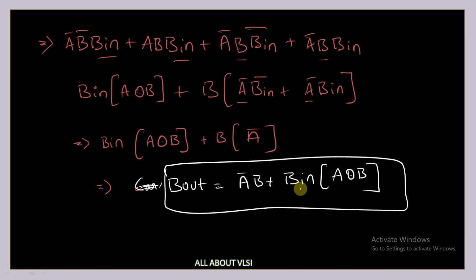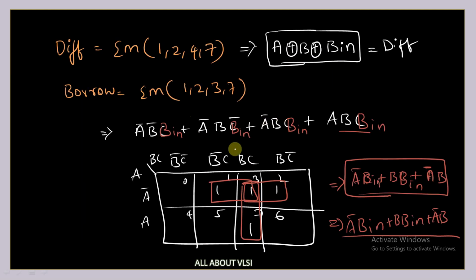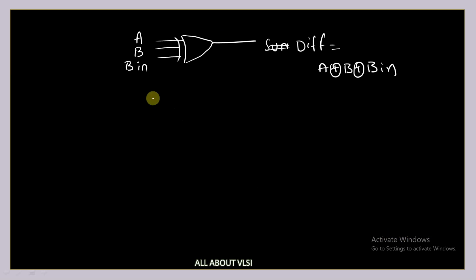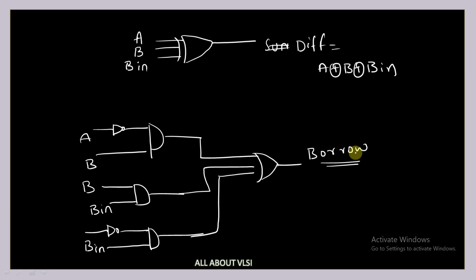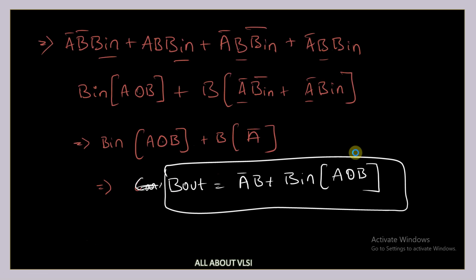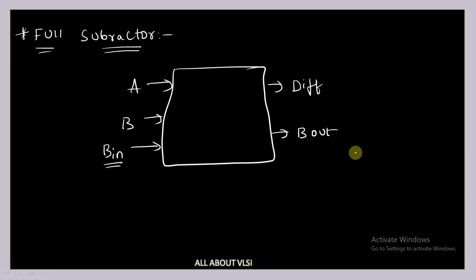You can take this or you can consider this one also, where this is A bar B in plus B B in plus A bar B. Okay, so A bar B plus B B in plus A bar B in. Yes, so this is how we are going to implement our full subtractor.